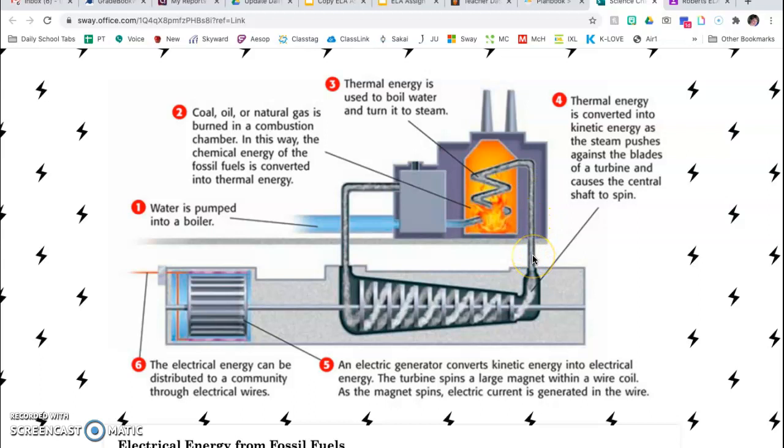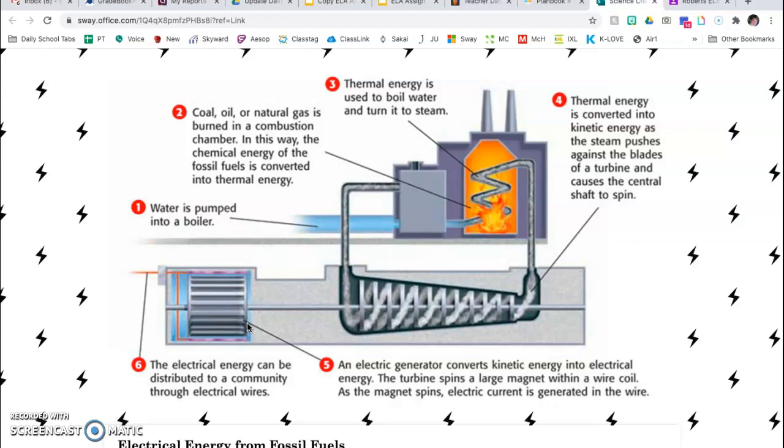This thermal energy is converted into kinetic energy, moving, as the steam pushes against the blades of a turbine, and it causes the central shaft to spin. An electric generator converts kinetic energy into electrical energy. The turbine spins a large magnet within a wire coil.